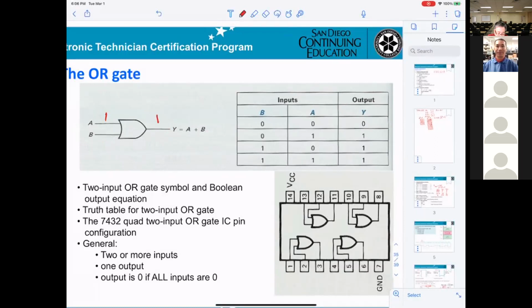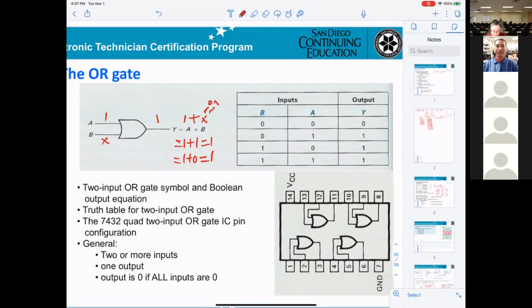Whatever the other input is, I don't care. So you can say 1 OR with don't care. They can be 0, they can be 1. So 1 OR 1 is 1, not 2. 1 OR 0 is 1. That means anything OR with 1 must be 1.